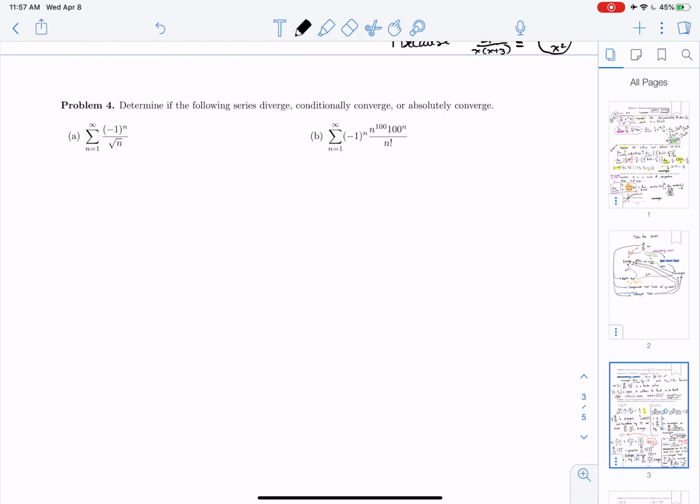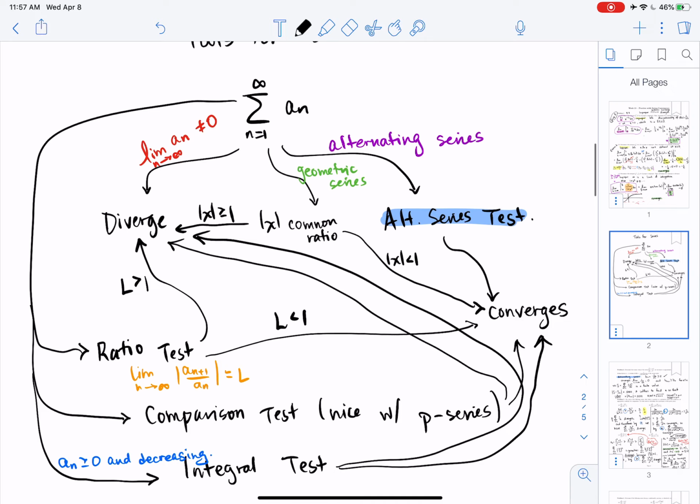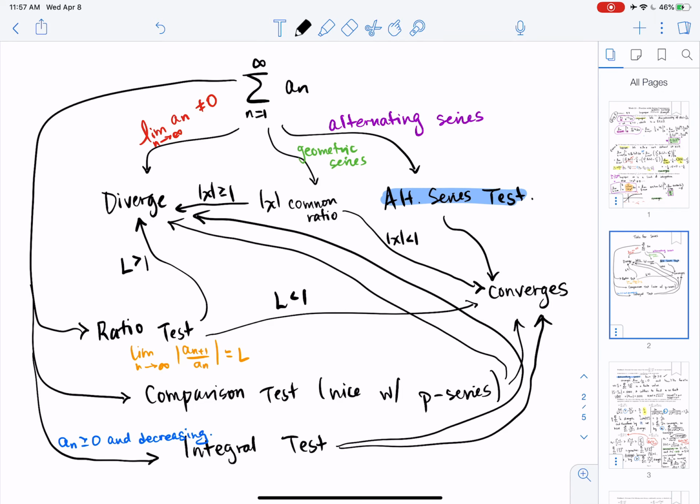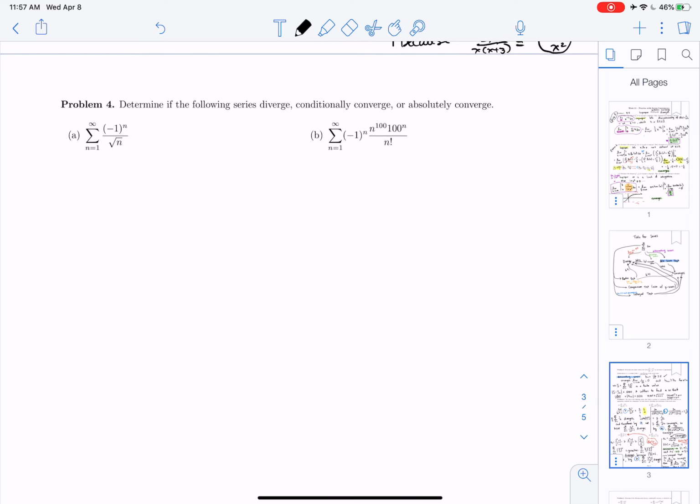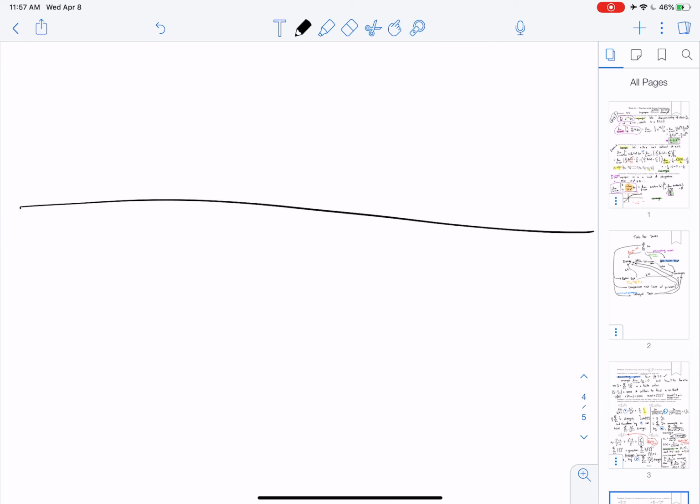All right, problem 4. This is getting into the categorization of series. If you'll remember in my alternating series video, I drew this Venn diagram, and I'll draw it again. It's basically following these 2 branches of diverge and converge. If you start with the series, it either diverges or converges.